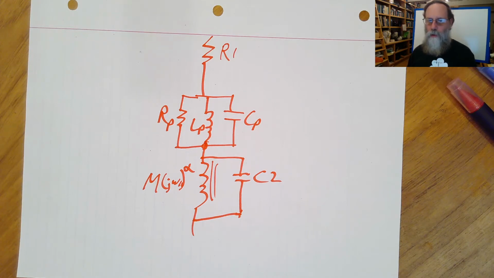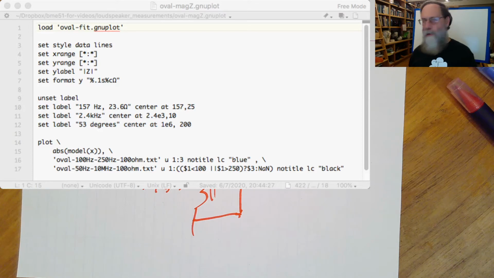And there's two scripts. One of them is just kind of a framework script. It's going to load the fitting script itself, the one that has the model and all the parameter fitting that's going on. And then it's got some formatting stuff. We're going to plot the data with lines. We're going to plot it over the entire X range and Y range.